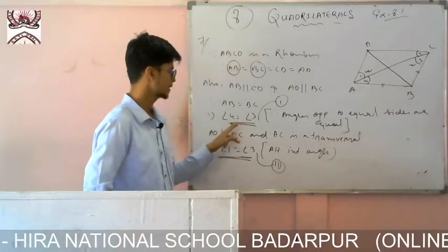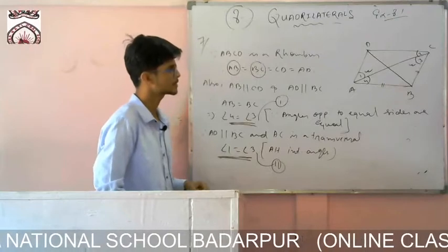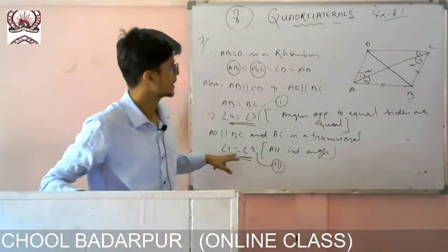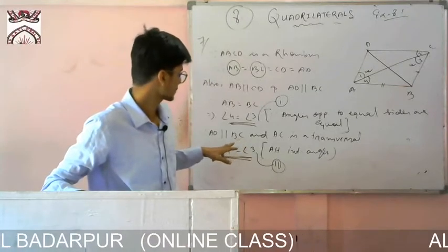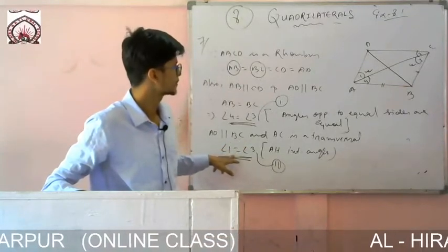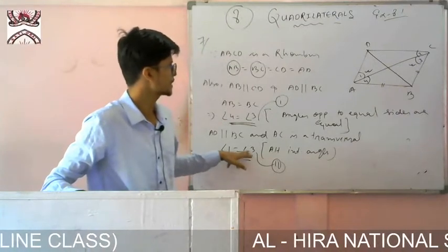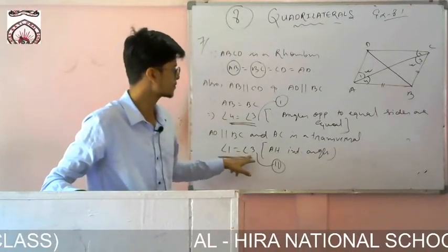Now I can relate. Angle 4 will be equal to angle 3, so in place of 3 I can write 4. So angle 1 will be equal to angle 4.